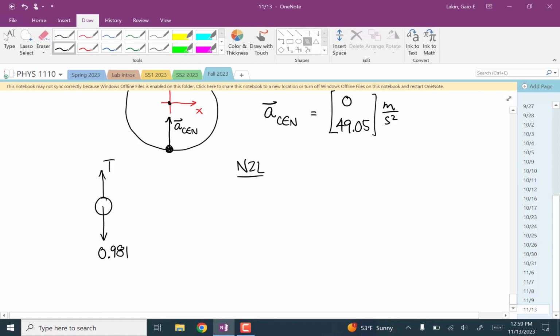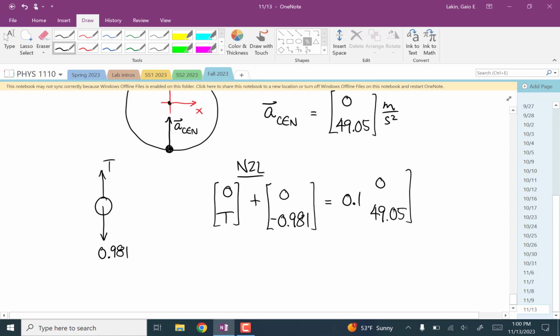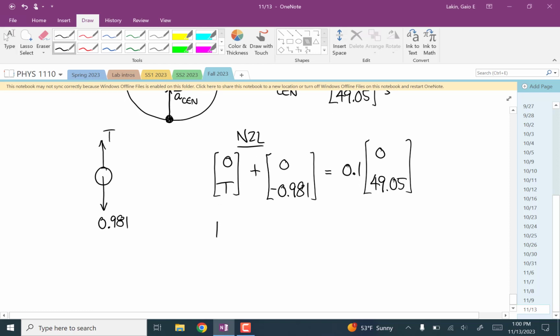And so Newton's second law says 0, T plus 0, negative 0.981 is equal to the mass times the acceleration vector, which is 0, 49.05. The y equation says T minus 0.981 is equal to 4.905.